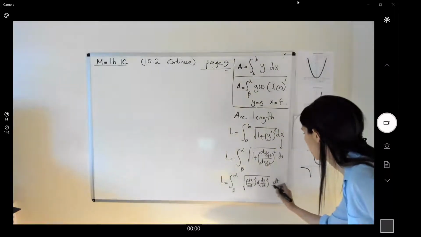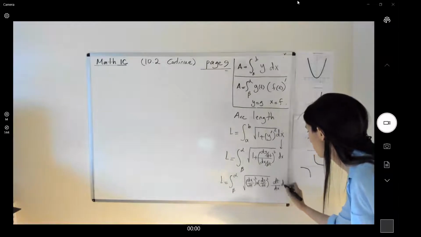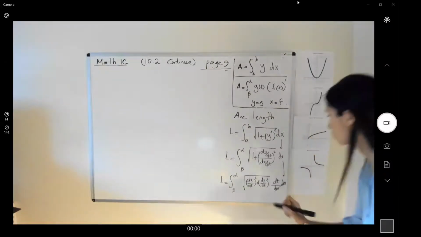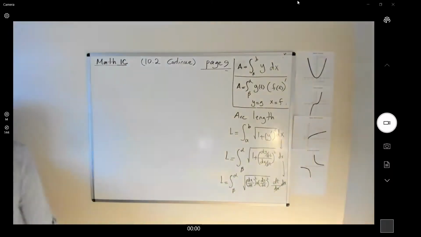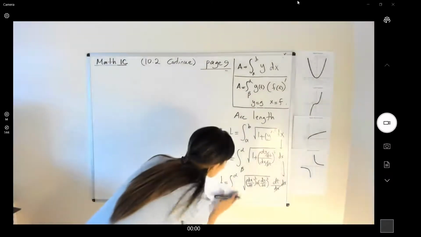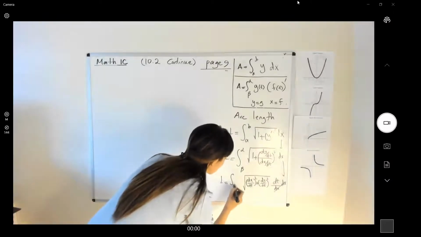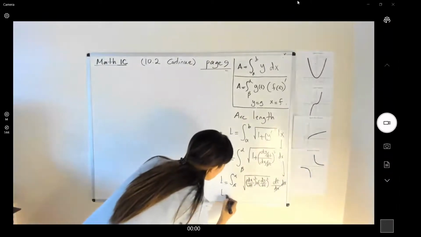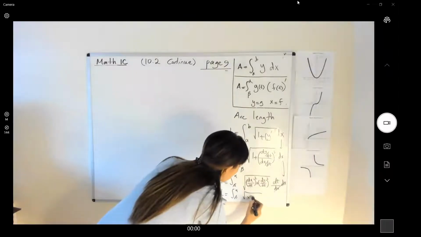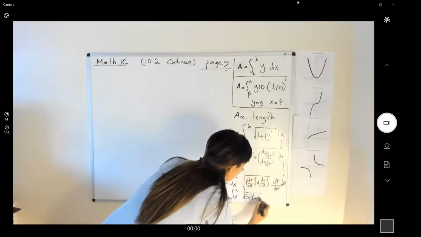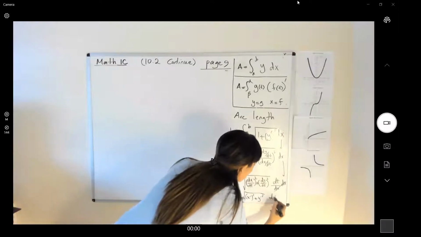You get dt over dx times this dx here. So you can get rid of dx, and this is the equation of the length of the curve in parametric form. So x prime squared plus y prime squared dt.